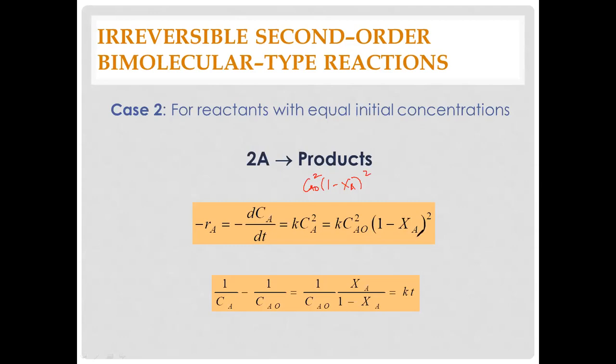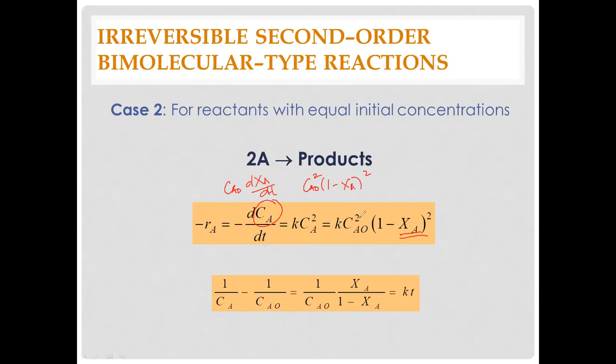Okay? Now, since here your variable is XA, there's a need for you to change the dCA in terms of XA. So if you recall our discussion just a few minutes ago, the entire expression negative dCA/dt should be changed to CAO dXA/dt because your variable here on the right side is in terms of XA.